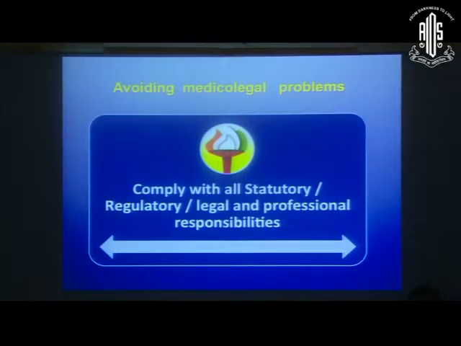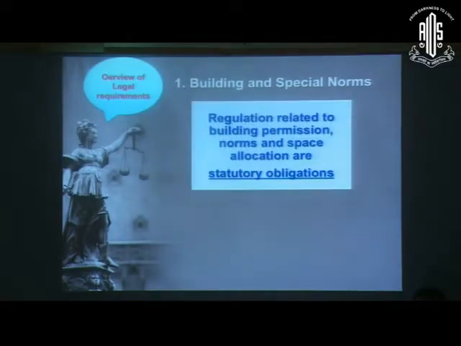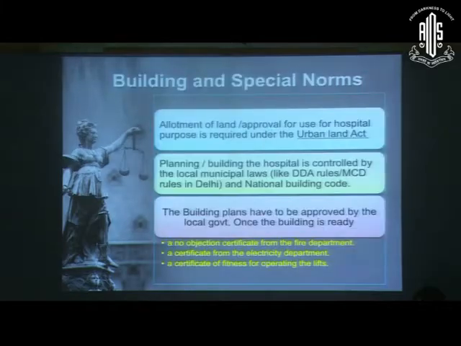So to avoid medico-legal problems, the first thing is to comply with all statutory, regulatory and professional responsibilities. These are some of the simple laws you have to really follow. If you have a building for your hospital, you need adequate space, lighting, ventilation as per the National Building Code.